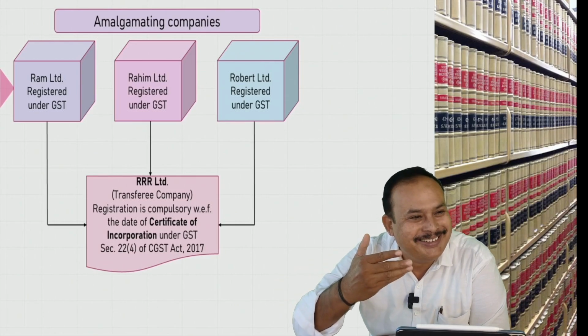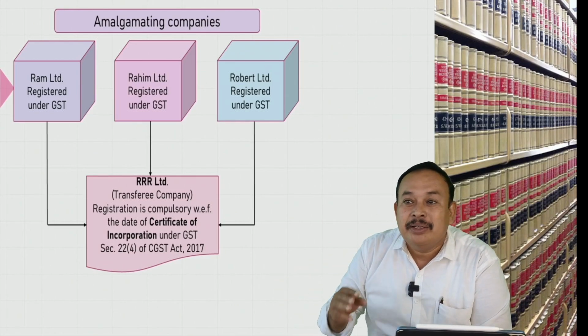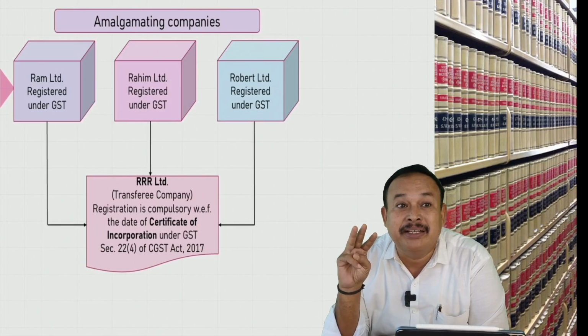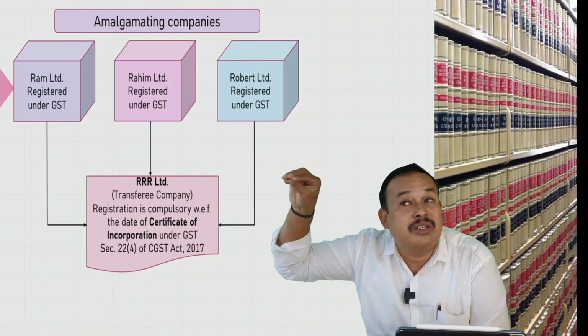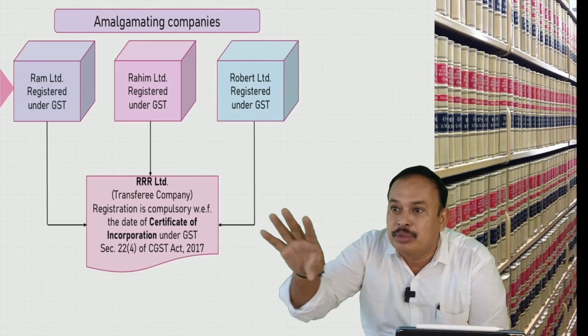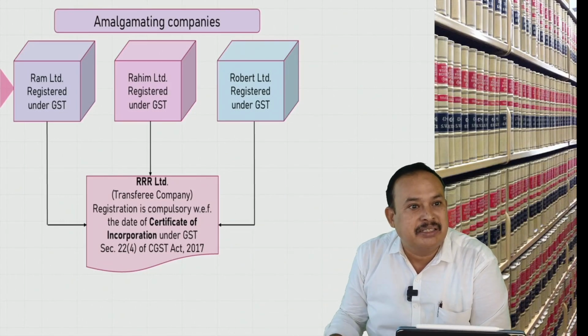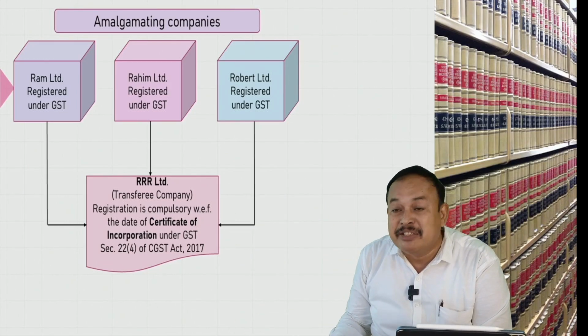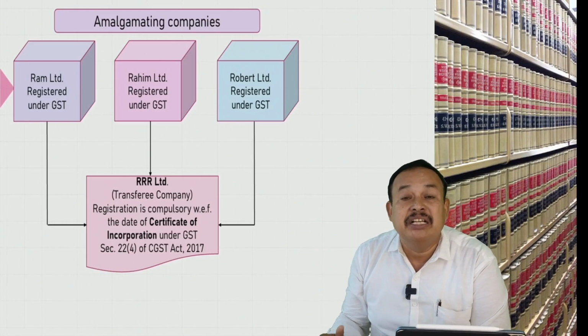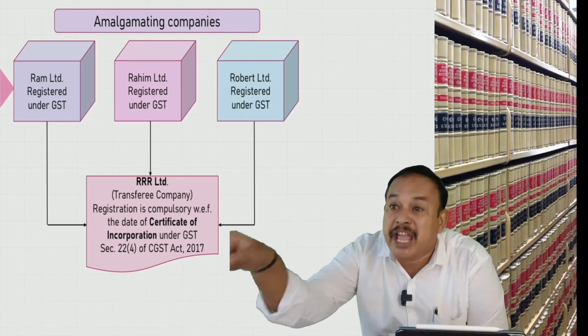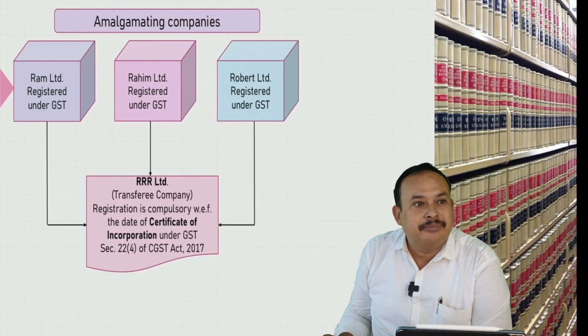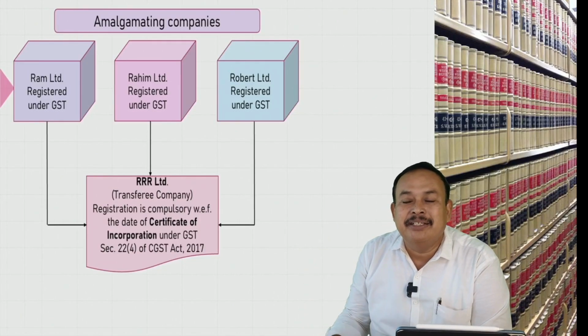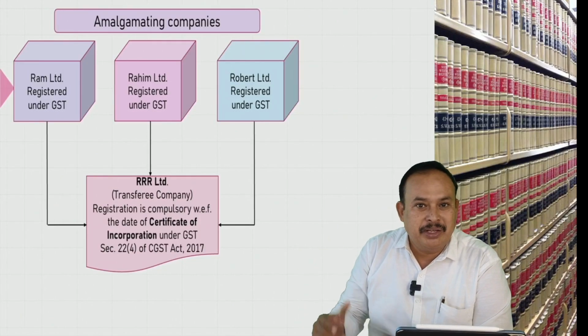Simple, my dear. Very, very easy. Why am I insisting on 30 days? This is the question that is going to come in the exam. MCQ, multiple choice question, they will ask: what is the time limit within which to make the application for registration if the need arises to go for registration on so and so date? 30 days is the time period. Is it clearer now? Now please come back.